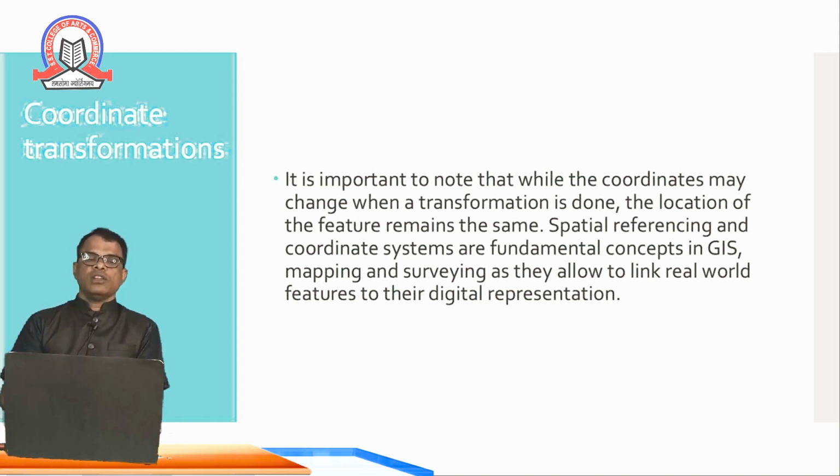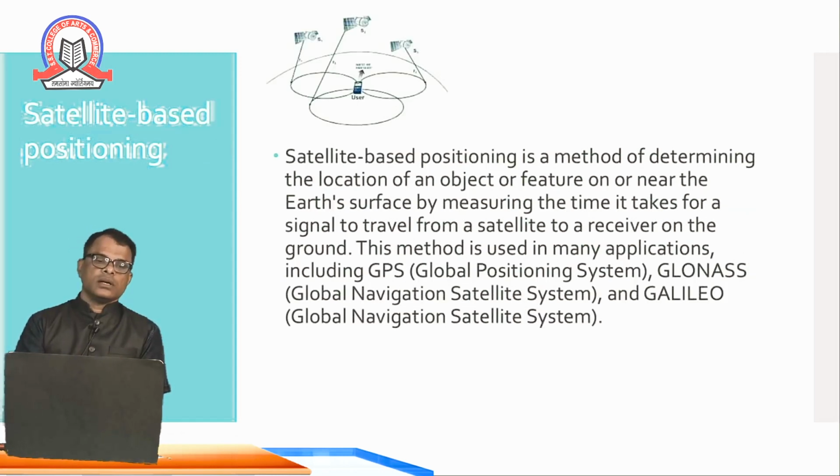For that, we use the geographic coordinate system or projected coordinate system, and we have to understand coordinate transformations also, that we convert the geographic into the projected one. So that is the first part of the presentation. Then there is satellite based positioning also that we have to understand, because this is also very useful in spatial referencing.